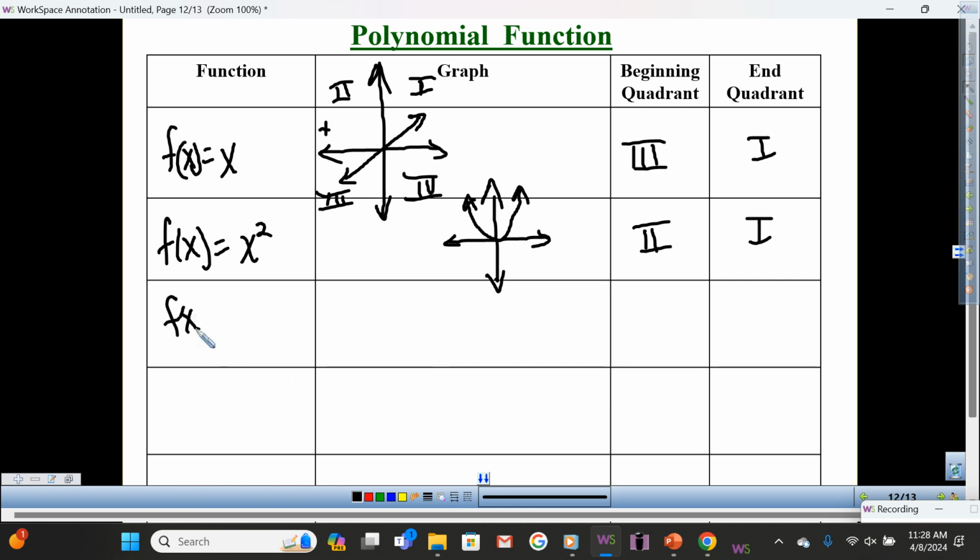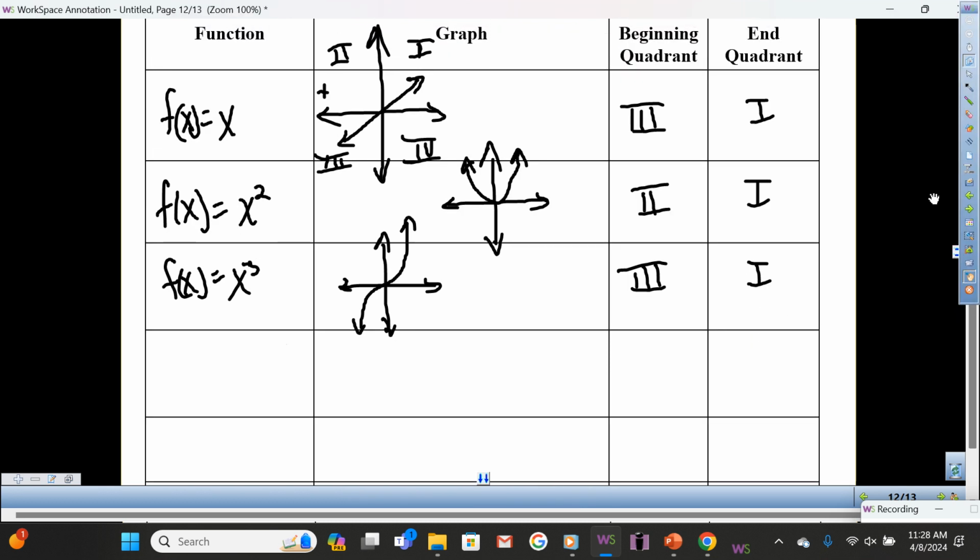f(x) = x cubed. Here's my coordinate plane. It starts down here, and it does the wiggle, and it ends up here. So it starts at quadrant 3, and then ends at quadrant 1. And I'll do one more.